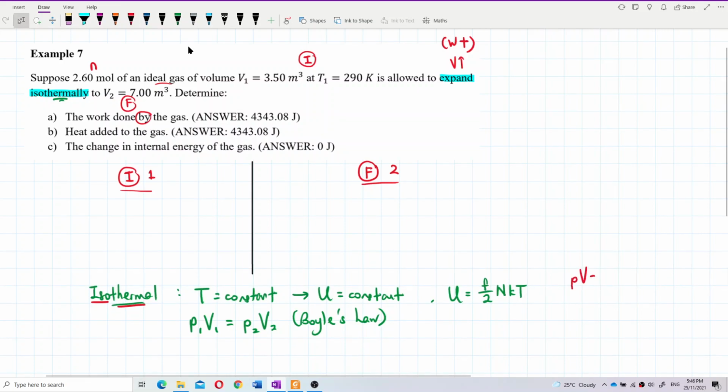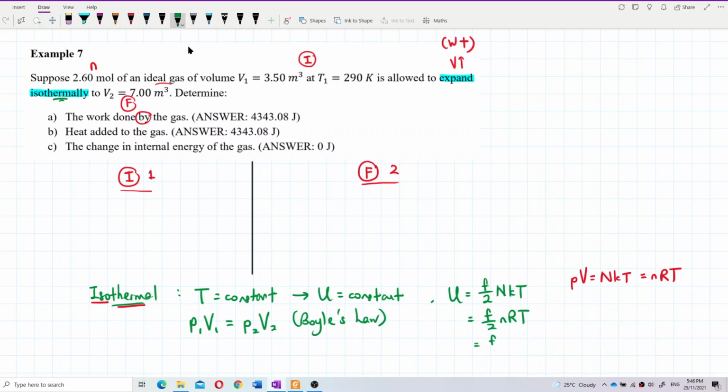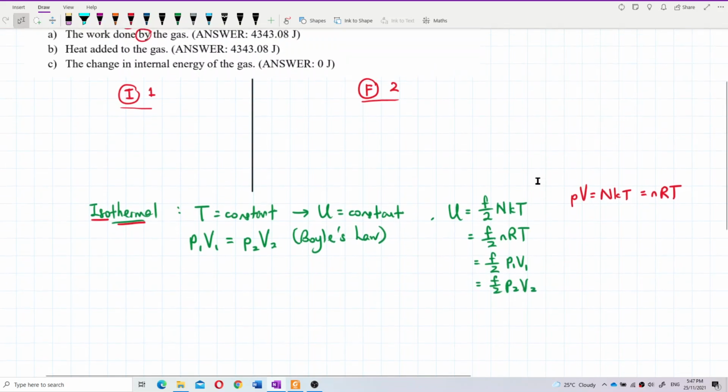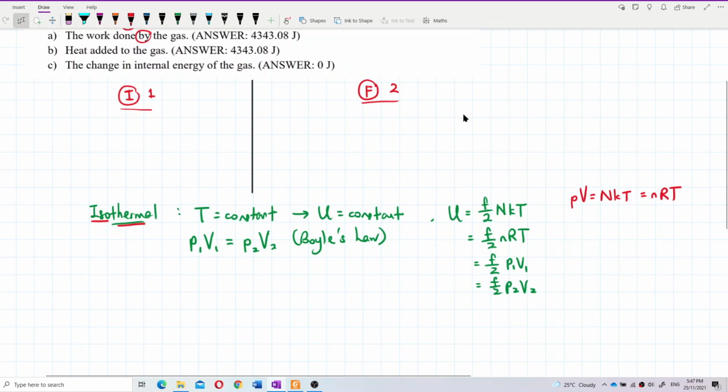Because we know that PV is equal to NkT, which is also equal to nRT, this formula we can change to f/2 nRT, or even f/2 P1 V1, or f/2 P2 V2, because we have two pressures and two volumes. But the temperature is constant.